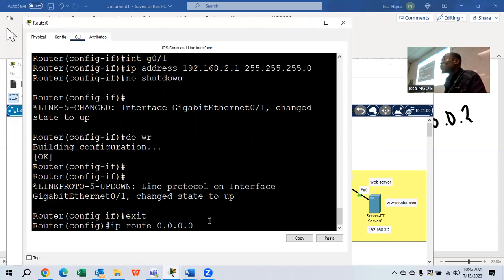So you are telling your router, you have to connect me to any network, to any network with any subnet. This is the meaning of this one. Connect me to any network that will have any subnet.